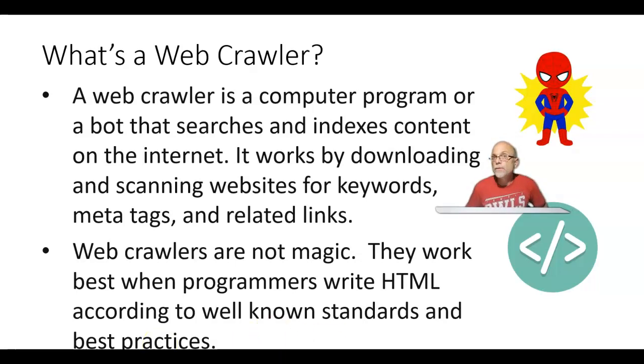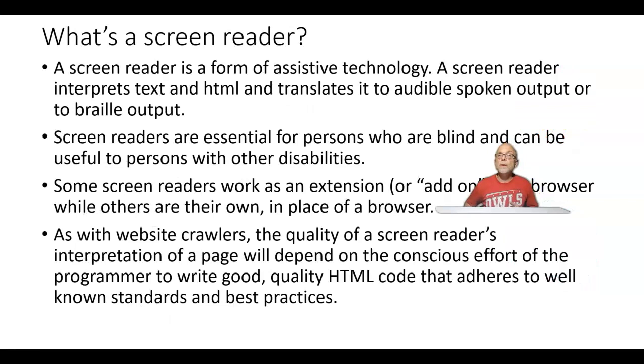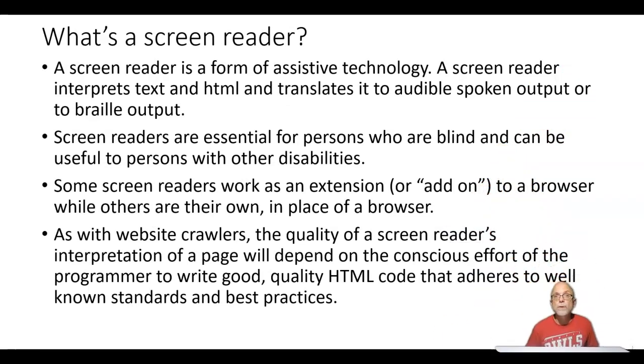All right, so that's another bit of software that will read a web page. What else is there? Well, there's also something called a screen reader. Screen readers are a form of what's known as an assistive technology. That is to say, it's a technology that's usually used to assist some person who has a disability.